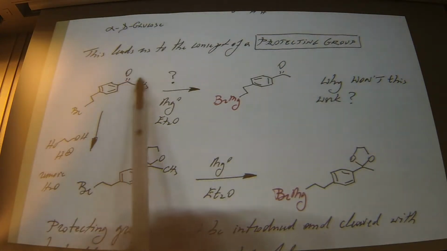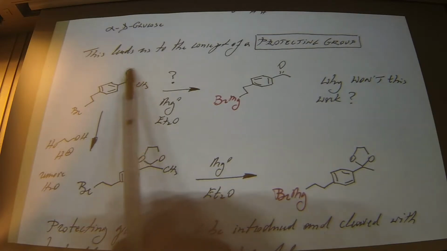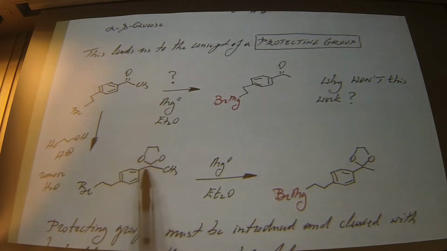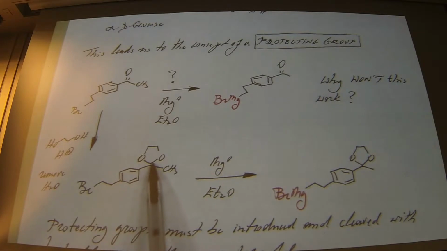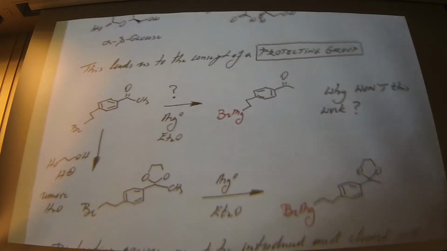And so what I do is I mask the reactivity of that carbonyl by forming an acetal, then I form the Grignard, do whatever, and then unmask it when I'm ready to. Now, this masking step and the unmasking step have to be done in high yield, or this is just not going to be useful at all. Fortunately, these acetal reactions take place in very good yield.